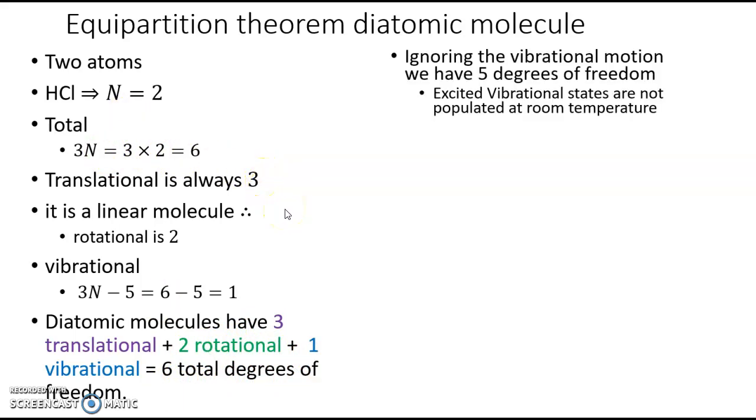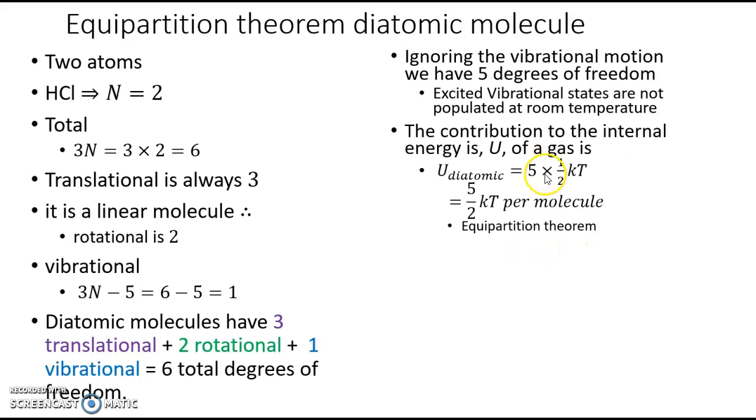In trying to calculate the internal energy, usually we ignore the vibrational motion. So ignoring the vibrational motion, we have 3 plus 2, so 5 degrees of freedom. The vibrational motion is often ignored because vibrational excited states are not populated at room temperature.